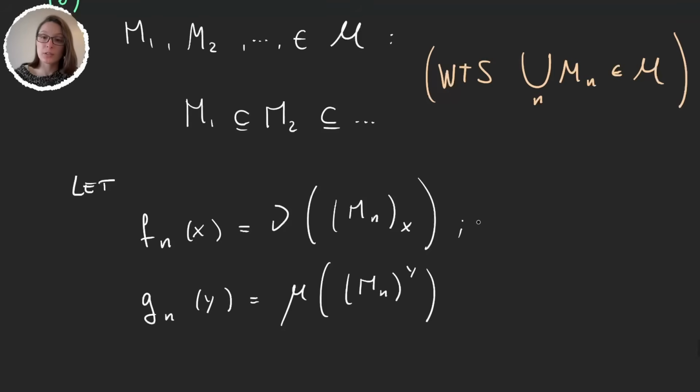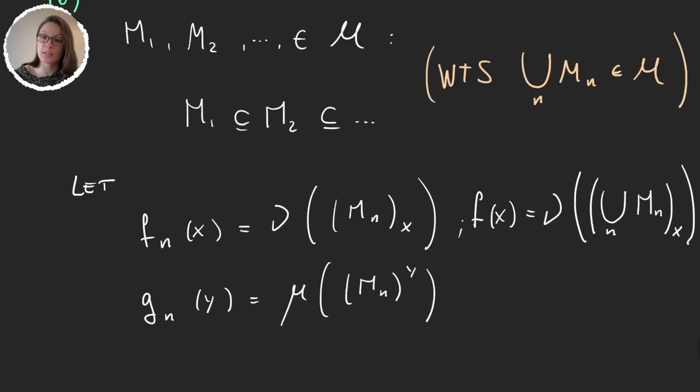So why don't we define f of x to be the measure of the section of the union. So I will take the union and I will take the x section of that, and then I take the measure nu. And the same for g.